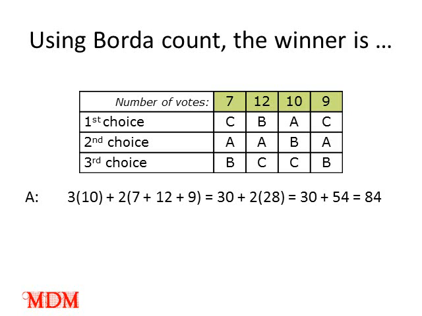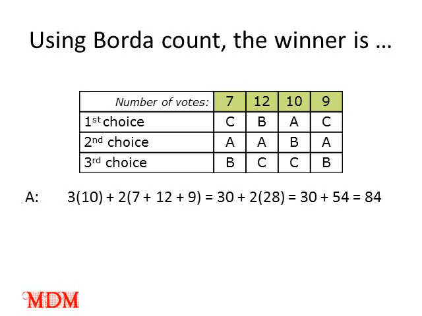As we look at our preference table, we'll notice that A received 10 first place votes. A also received 28 second place votes. And I got the 28 by adding the 7 plus the 12 plus 9.